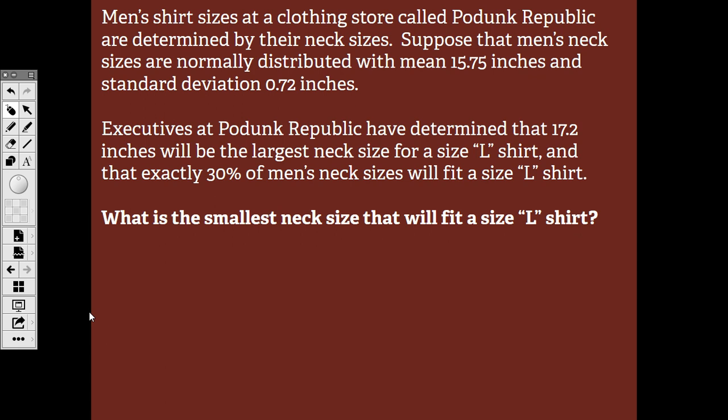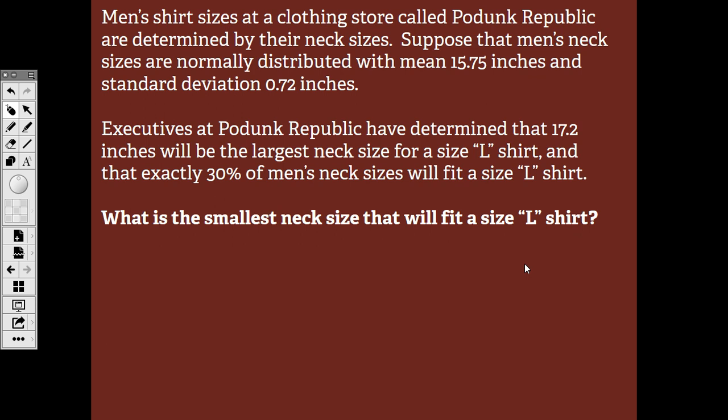Executives at Podunk Republic have determined that 17.2 inches will be the largest neck size for a size large shirt, and that exactly 30% of men's neck sizes will fit a size large shirt. Now, if this is the largest size large, we want to know what's the smallest neck size that will fit a size large shirt.